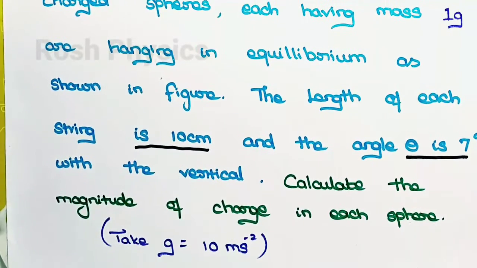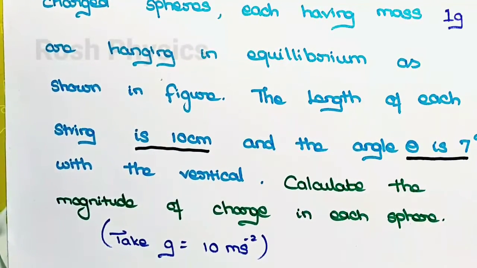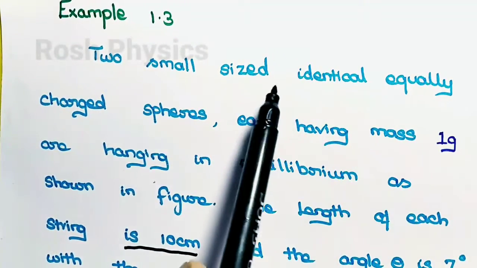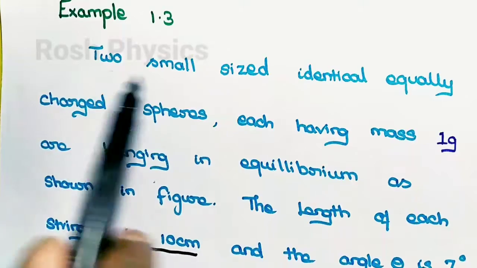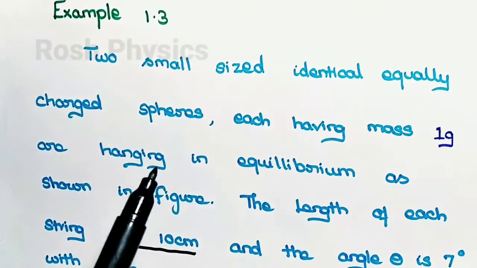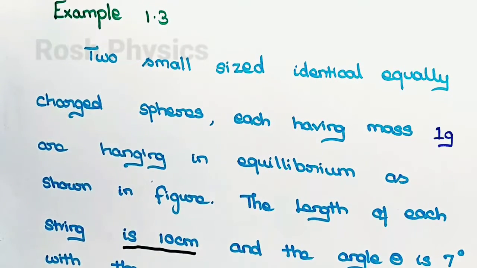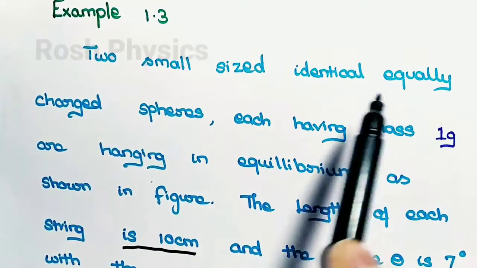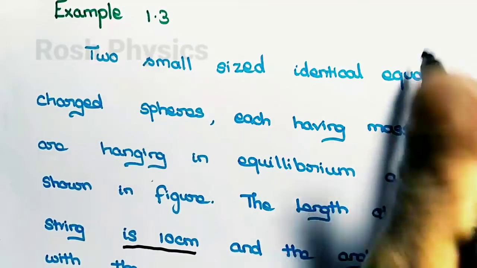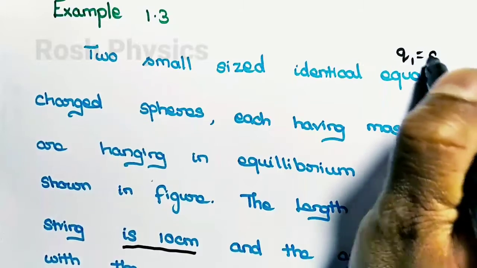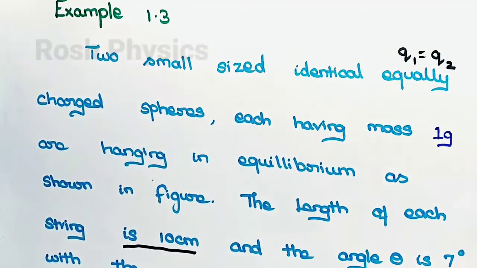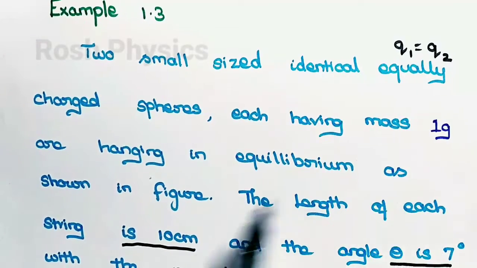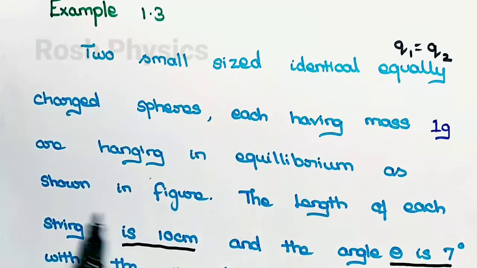So listen guys, we need to check what the given terms in the question are. First, two small sized, identically equally charged spheres. One may be Q1 and another may be Q2, and both are equal. So in this problem I am writing Q1 is equal to Q2, having a mass of 1 gram, hanging in equilibrium as shown in the figure.